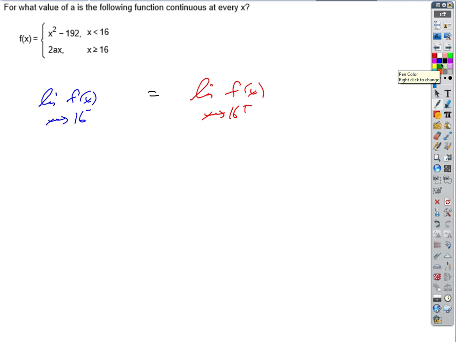Okay. And what is this? From the left, if I evaluate this at 16, what do I get? 16 squared is 256 minus 192 is going to be, what, 64? What's the limit from the right as x approaches 16?